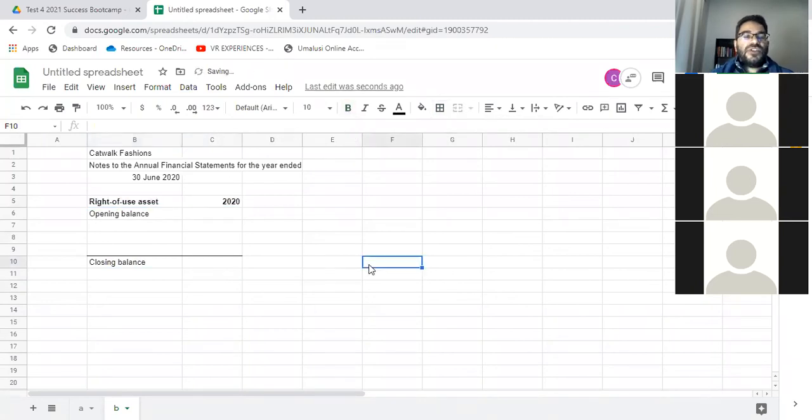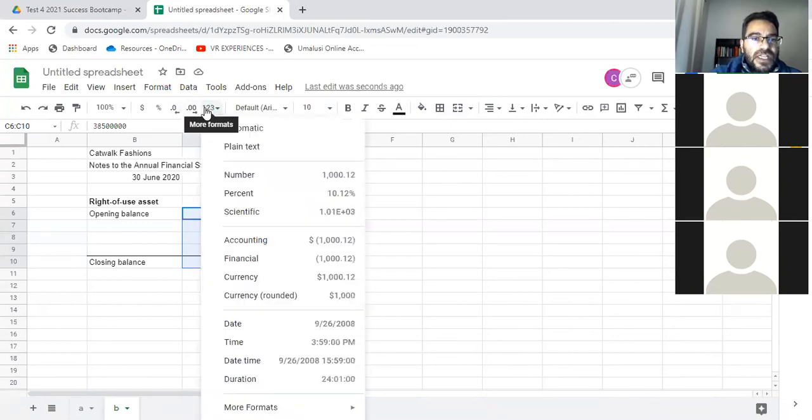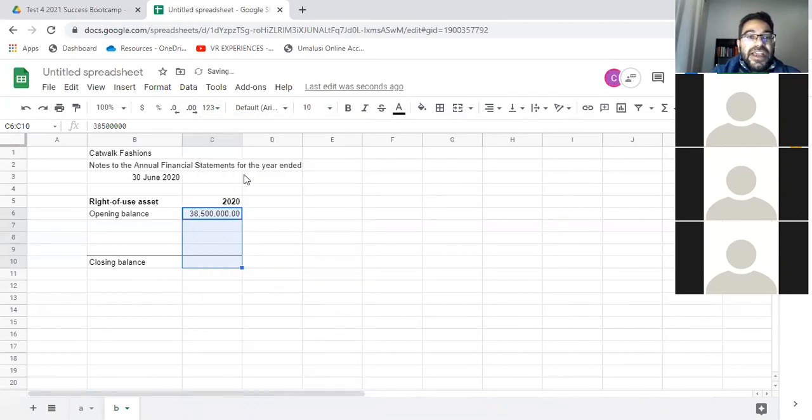So all the note is doing is explaining how the balance went from the opening balance to the closing balance. They gave us the opening balance, 38,500. Now we need to ask ourselves, what can change this balance?